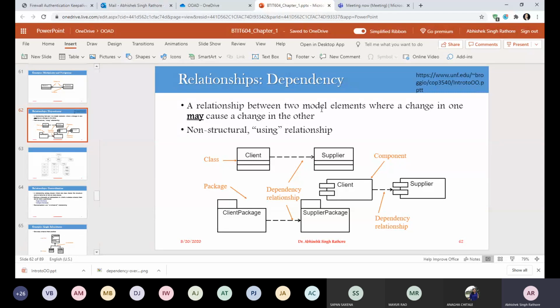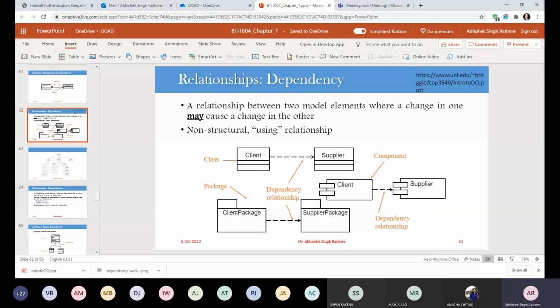So what is a dependency relationship actually? Dependency is a directed relationship, which is used to show that some UML elements, like classes, components and packages, need or depend on another model element for its specification or implementation.